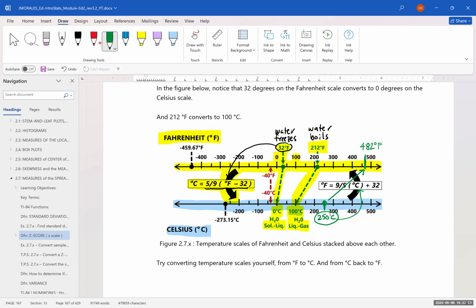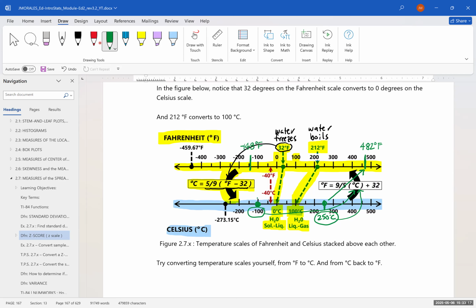If we were to pick another temperature like negative 100 degrees centigrade, we would take negative 100, plug that in to our input here, and when we calculate degrees Fahrenheit, that'll come out to negative 148 degrees Fahrenheit.